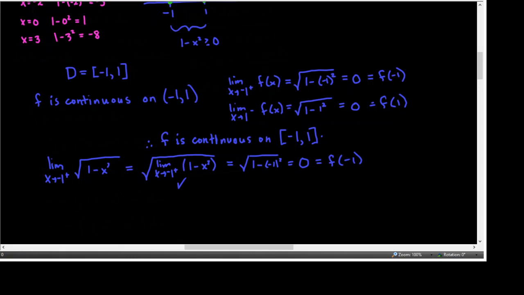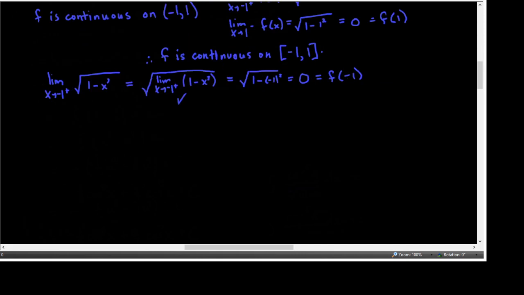So there are some properties of continuity. Theorem 1.11. If b is a real number and f and g are continuous at x equals c, then all of the following functions are also continuous at c. A scalar multiple, a number times a function. If f is continuous at c, 5 times that function will still be continuous at c. Number 2, the sum or difference of two functions that are each individually continuous at c will still be continuous at c.